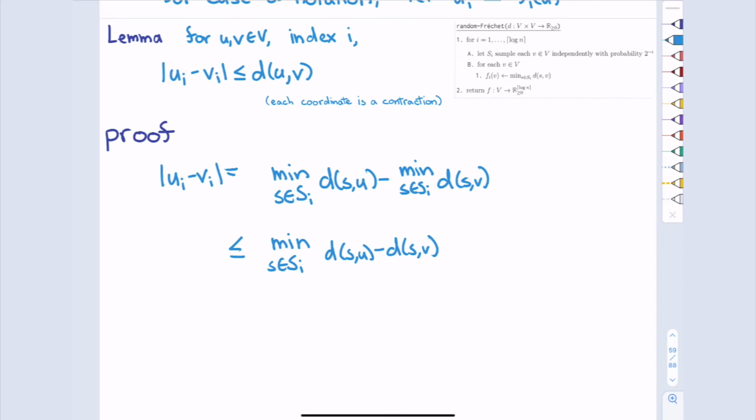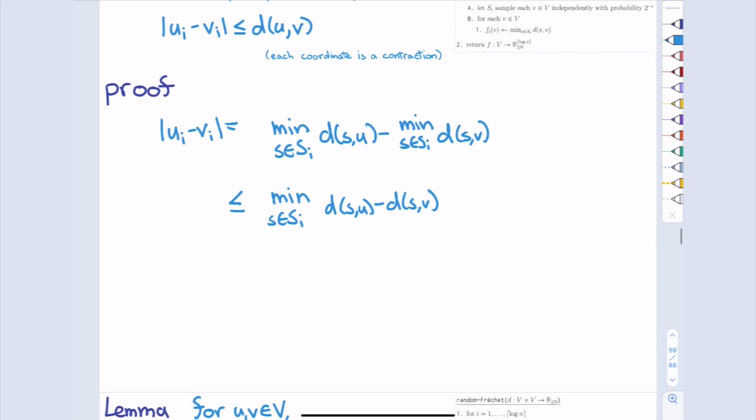All I said was that we just used the triangle inequality. Okay. Well, I haven't used it yet. So I know that d(s,u) is less than or equal to d(s,v) plus d(u,v). And I plug that in. Did I cheat?